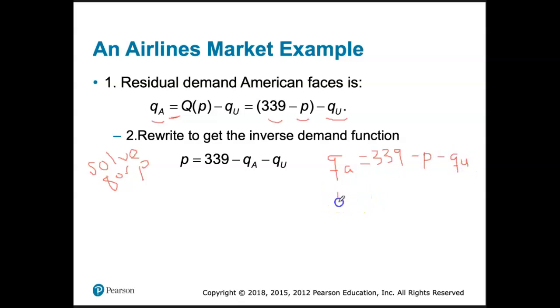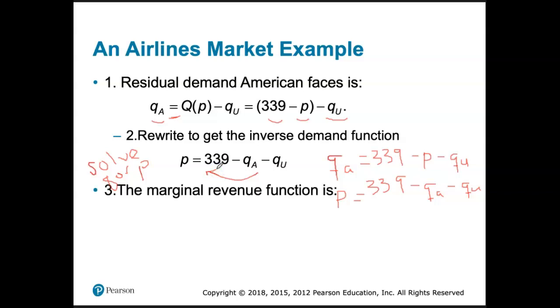Solving for P gives us P equals 339 minus QA minus QU. So this is the inverse demand function for American Airlines.